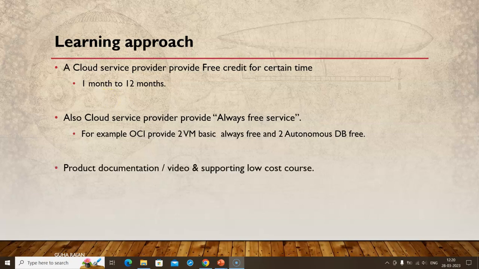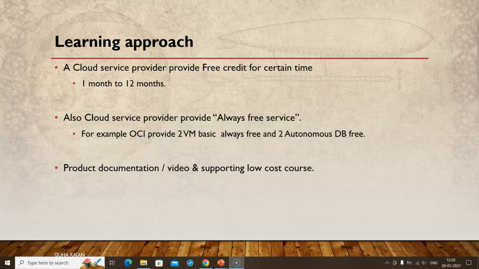It is also better to always look at the product documentation and the videos. Videos are common now. You can look at the videos as well to learn. And there are now low cost courses available. Sometimes the product provider itself, like Amazon, Azure, Oracle, provides some free courses, or there are also low cost courses.